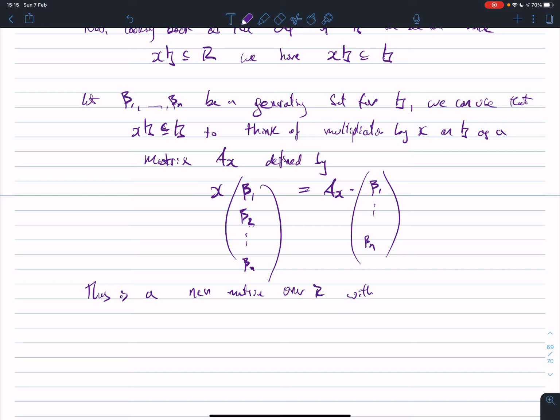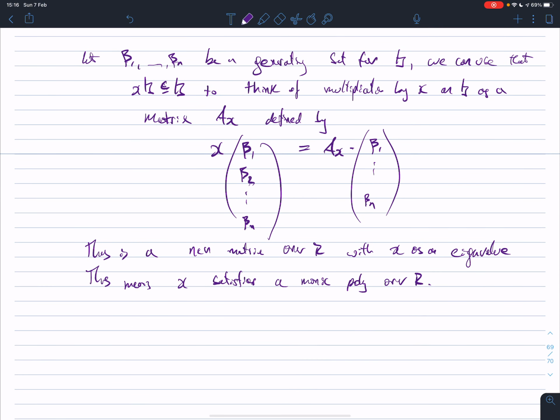And if you think about this definition with x as an eigenvalue, I have my matrix times a vector is x times a vector. So x is an eigenvalue for my matrix. This means x satisfies some monic polynomial over R, which I mean with coefficients in R. But we're in a Dedekind domain, so R is integrally closed.